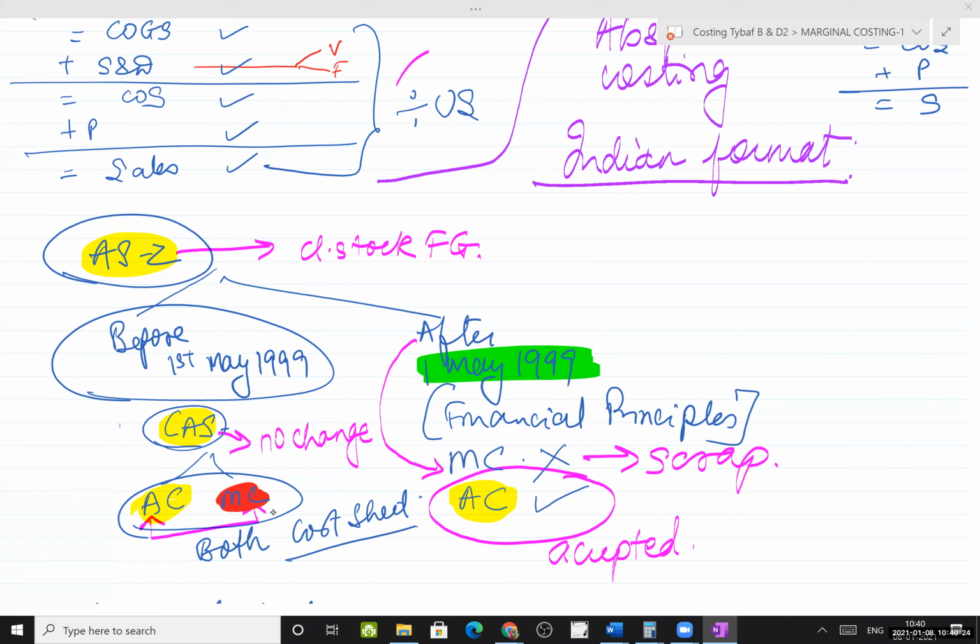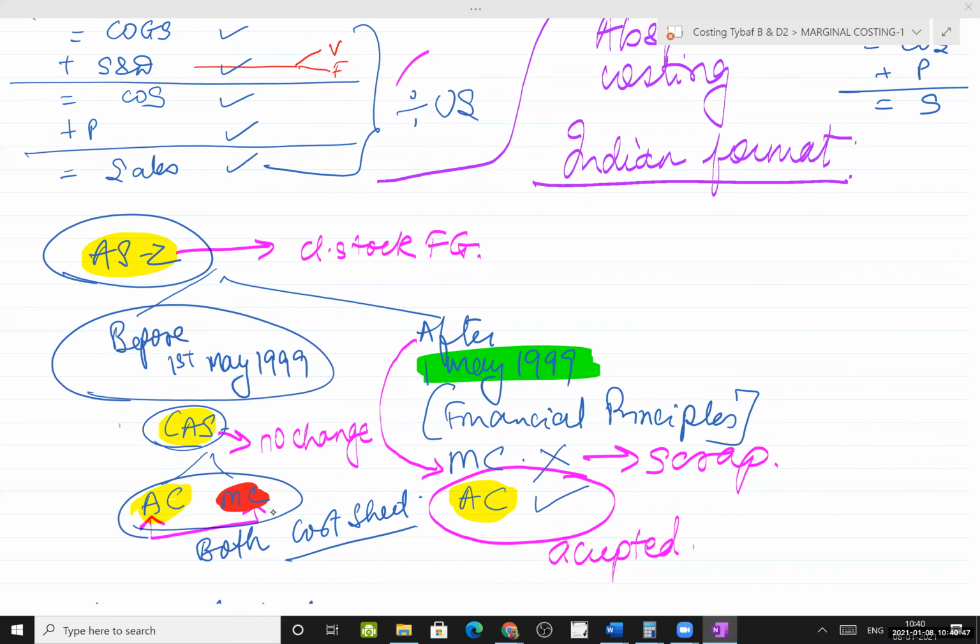Okay, did you all note it down? So post May 1999, accounting standards बोला मतलब financial principles are applied, right? So marginal costing basis of cost sheet was scrapped.